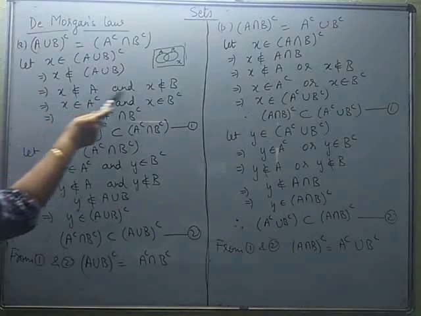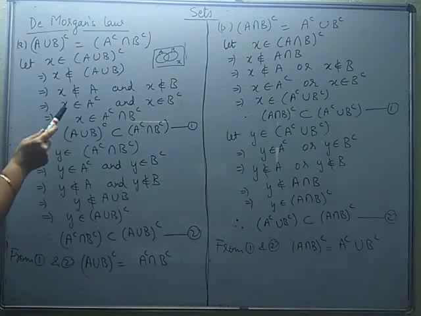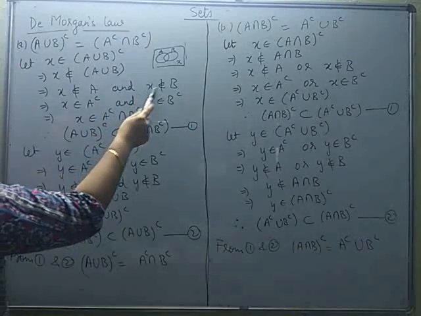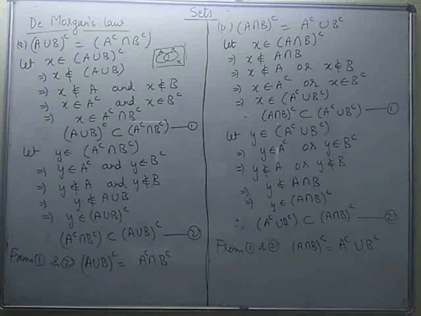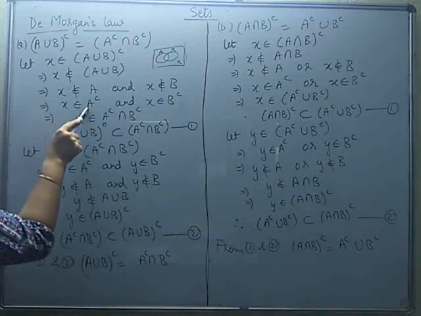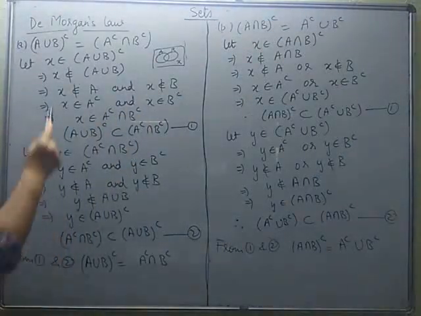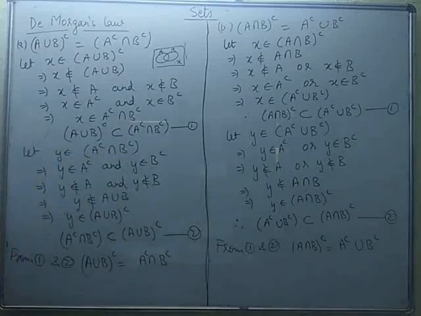Now further rewriting this step in a different way. If X is not in A, then where is X? It must be in A complement. In the same way, if X is not in B, where must it be? It must be in the complement of B. So what do we have now? X is an element which belongs to A complement and X belongs to B complement. What is this the definition of? This is the definition of the intersection of two sets.